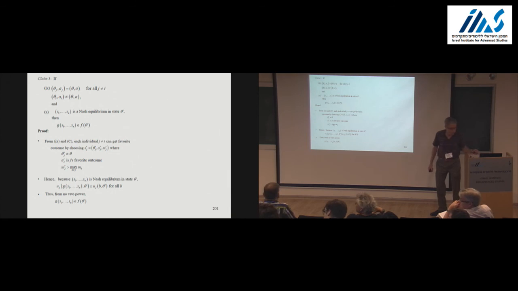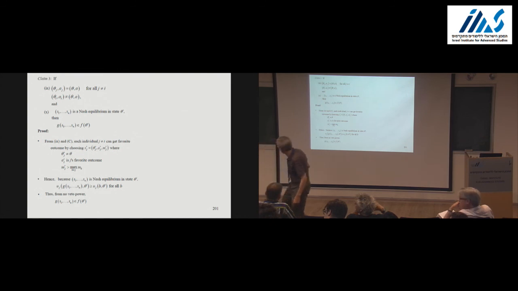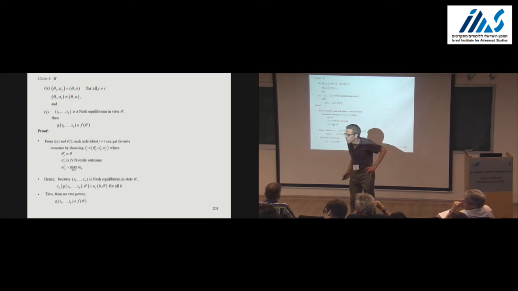But if player J would like to get AI, then he wouldn't necessarily be the odd man out, because there would be two people stating. But he could announce some other state, right? He doesn't have to announce the same.